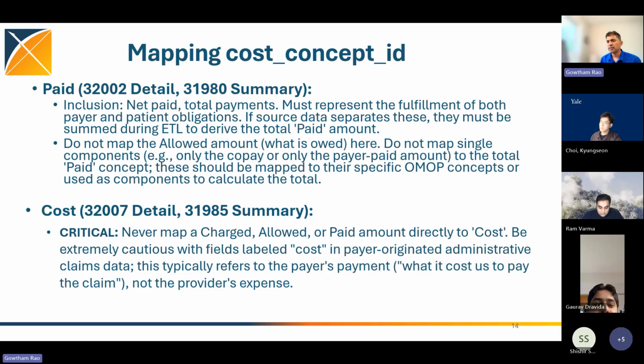Most of the time, cost is something that won't come from the provenance data sources. They might, but you can also calculate it by using references. You can use every hospital's cost charges, and then use that geographic cost to charge ratio, and then calculate the cost for it, if that is the research that you're doing.